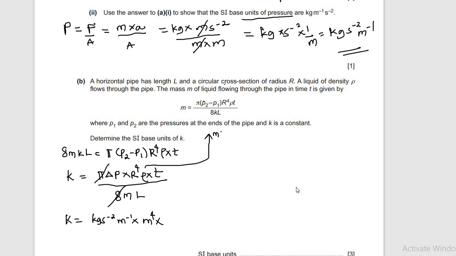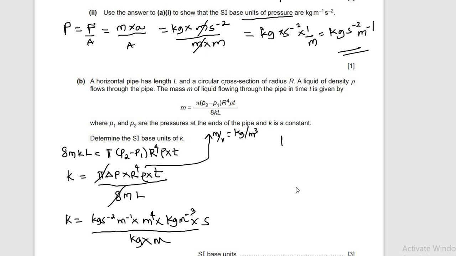That will be kilogram per meter cubed. Time is seconds, all over m, which should be mass according to the question. So m is kg. L is length, that's meter.